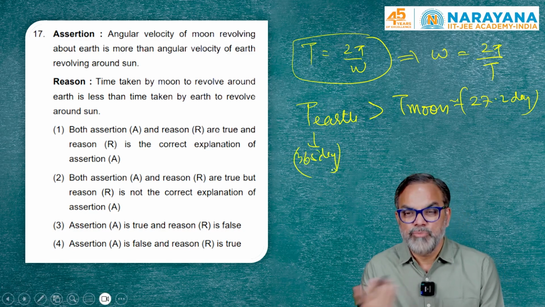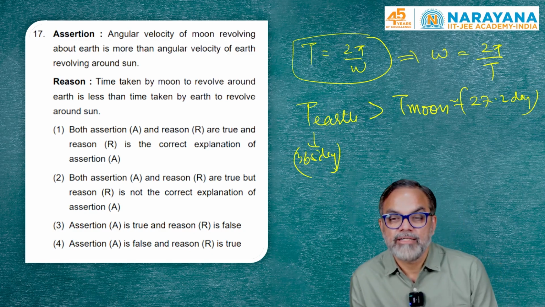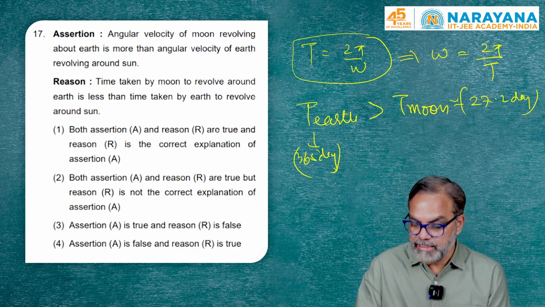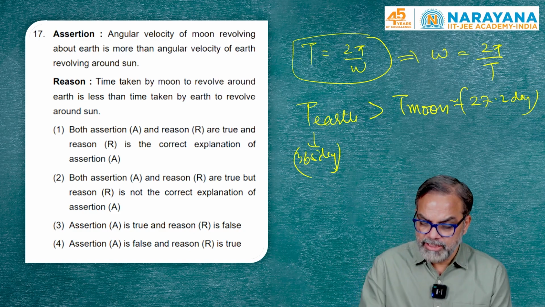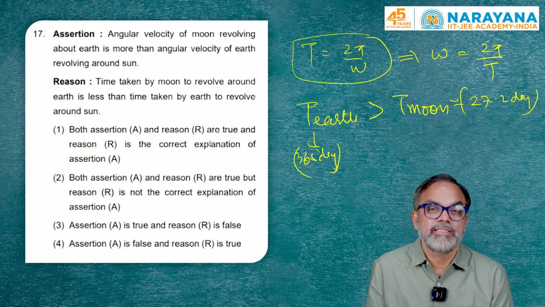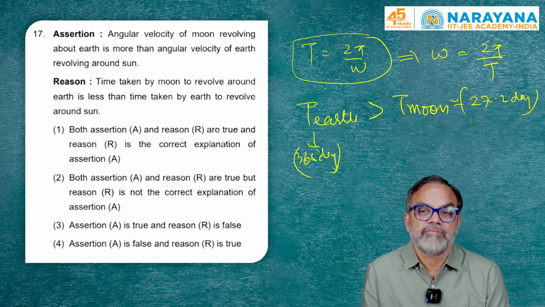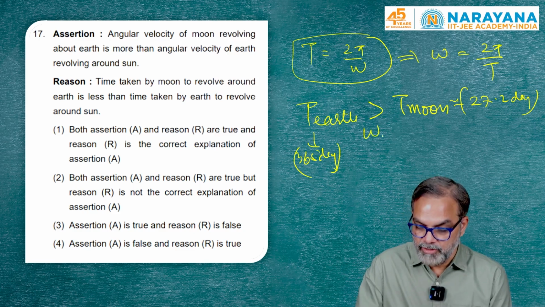So earth takes more time to complete one revolution and moon takes lesser time. So the relationship between their angular velocities will be the opposite one, that is, omega earth is lesser than omega moon.